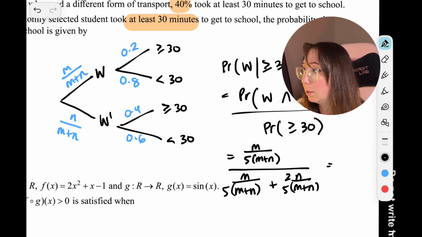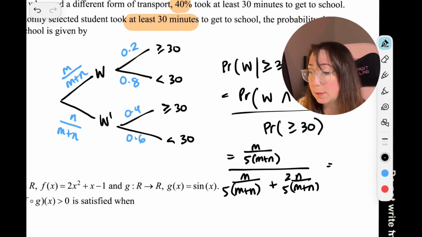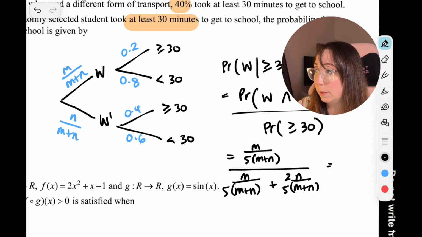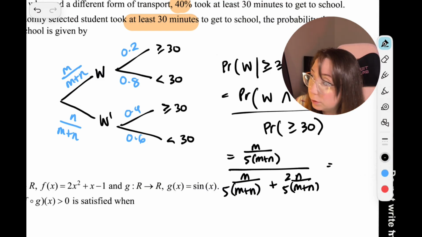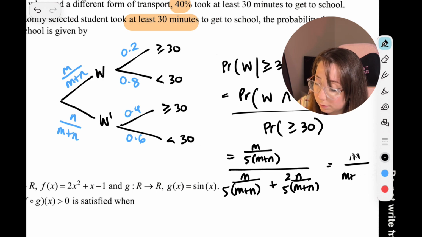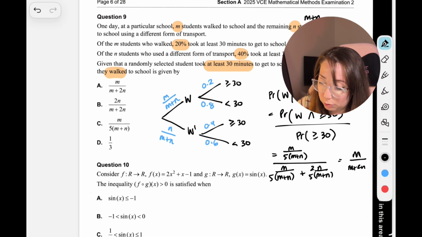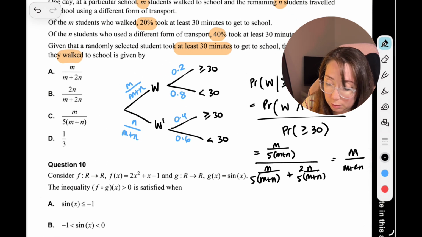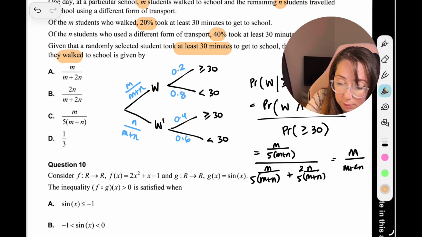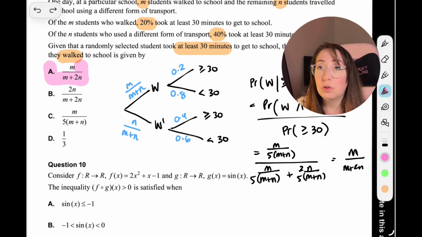Whoops, I think I did that badly. I did. You have to be really careful in the exam. I need to get out of that fraction there and put a plus. There we go. Beautiful looking answer, m on m plus 2n. Let's hope that's one of the solutions, and I'm pretty sure it is, m on m plus 2n. There you go. That's that first one there. So I think the answer to this one should be A.